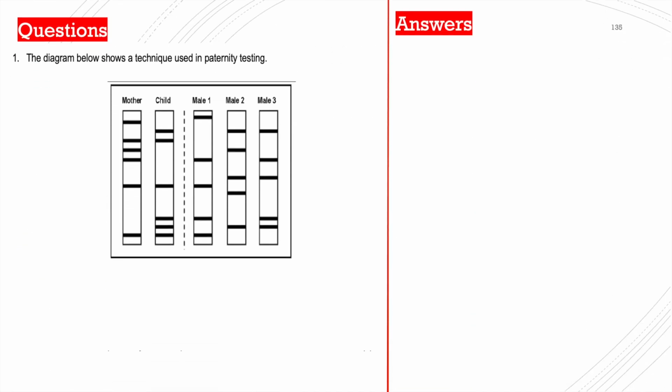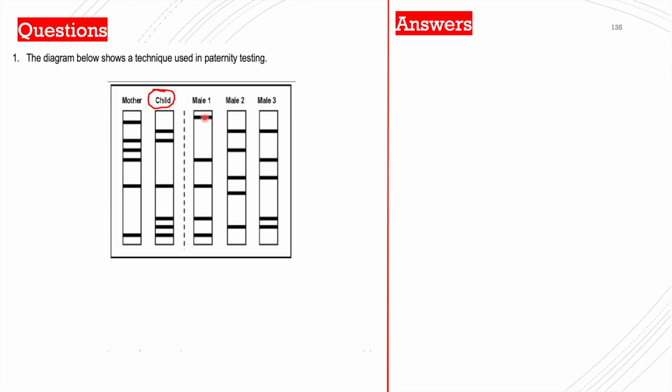So here we have a DNA profile. Our job is to study this set of DNA profiles and determine who the father of the child is. Like I said, we have the DNA profile of the child, and then we have 3 DNA profiles of alleged fathers: male 1, male 2, and male 3.